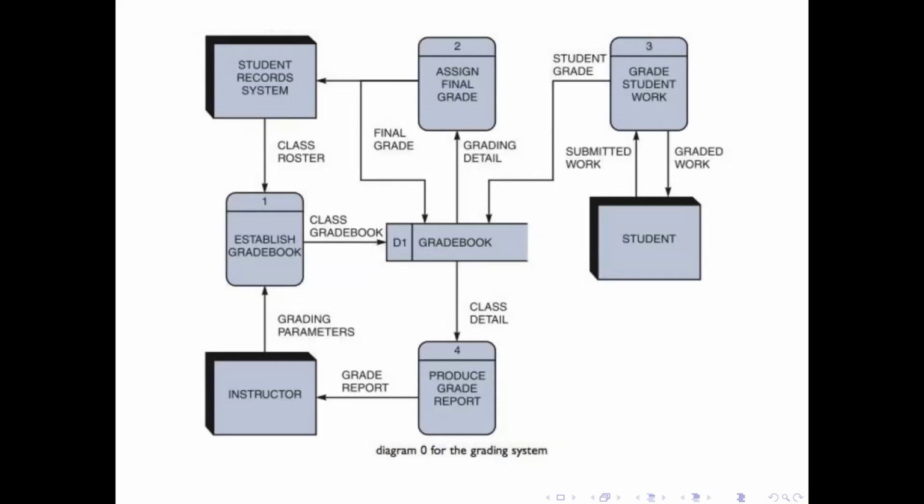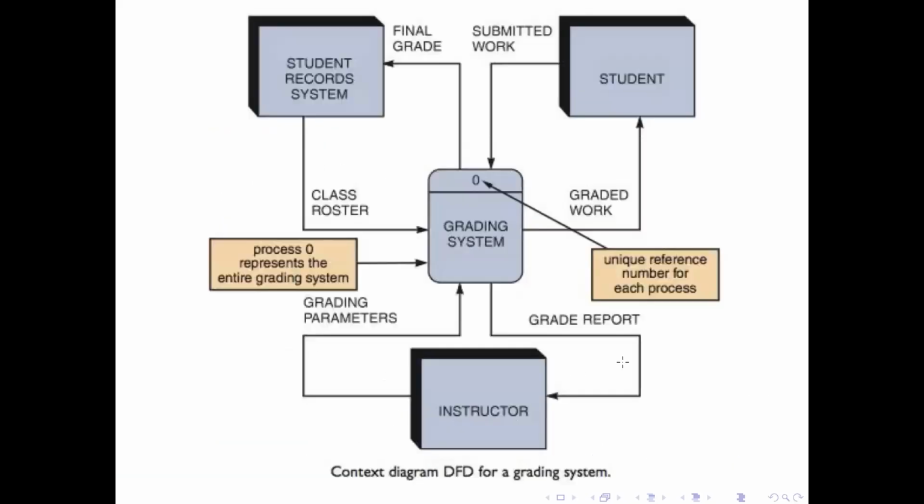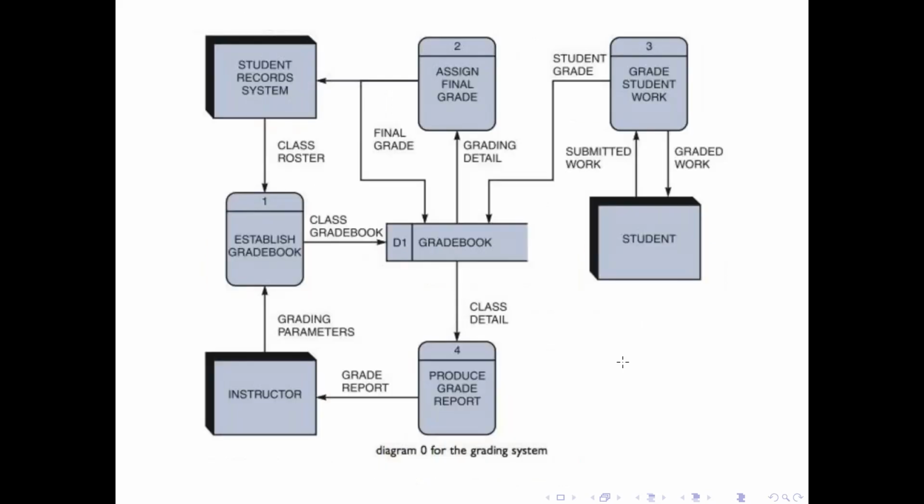Right. Can one of you tell me why we are getting this? So this is what we need to put. Yes, what is the difference between the very first one and this one? It has a data store, sir.